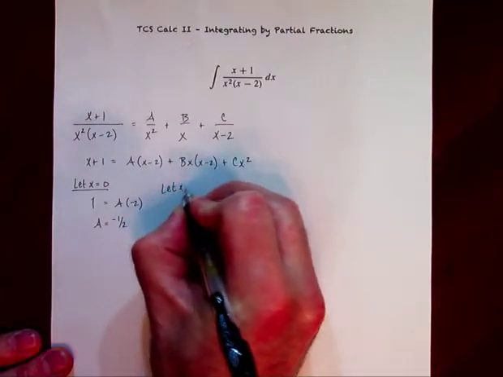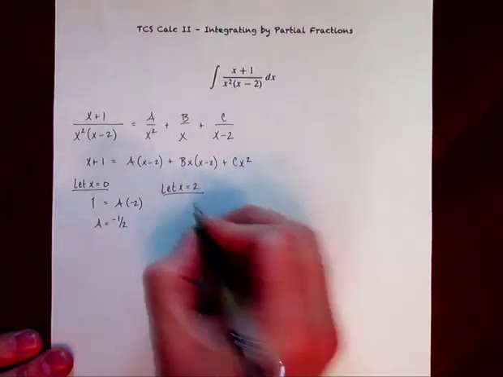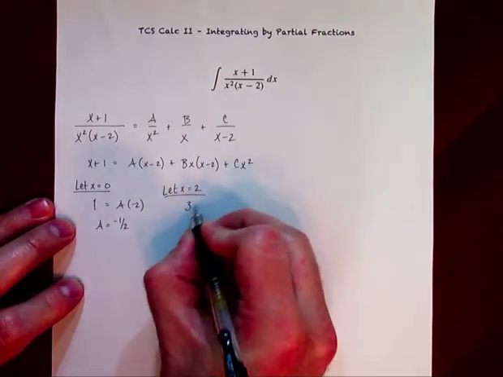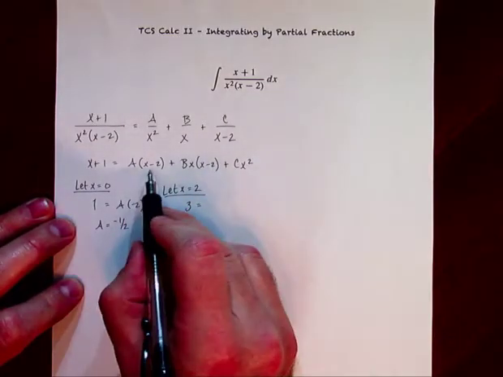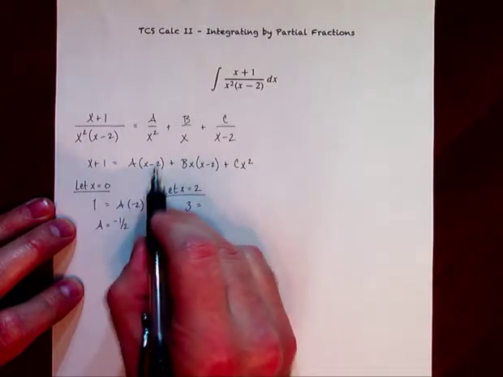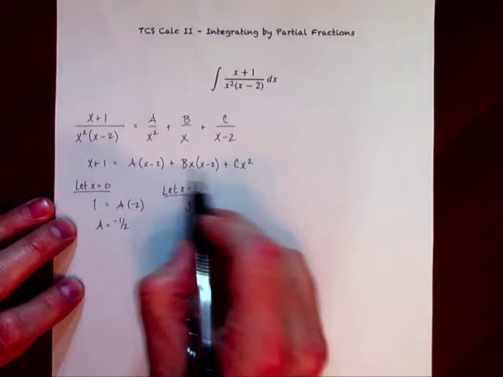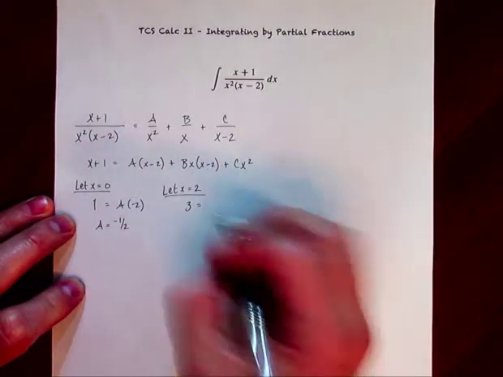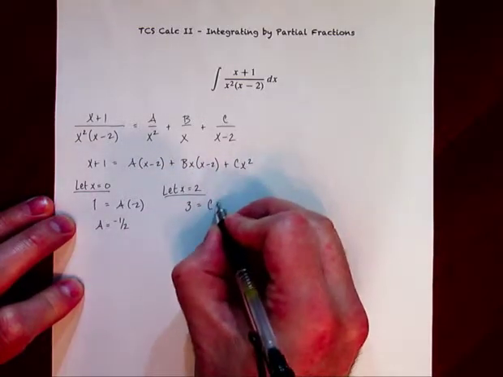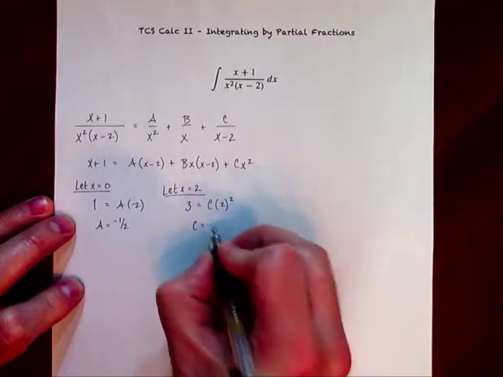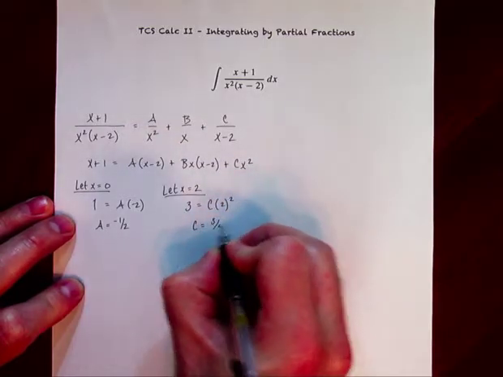Now, let's let x is equal to 2. If that's the case, the left-hand side is 2 plus 1, or 3. This term is going to be 0 because x minus 2 here is going to be 0. This term is going to be 0 because x minus 2 here is going to be 0. And I'm left with c times 2 squared, or c is equal to 3/4.